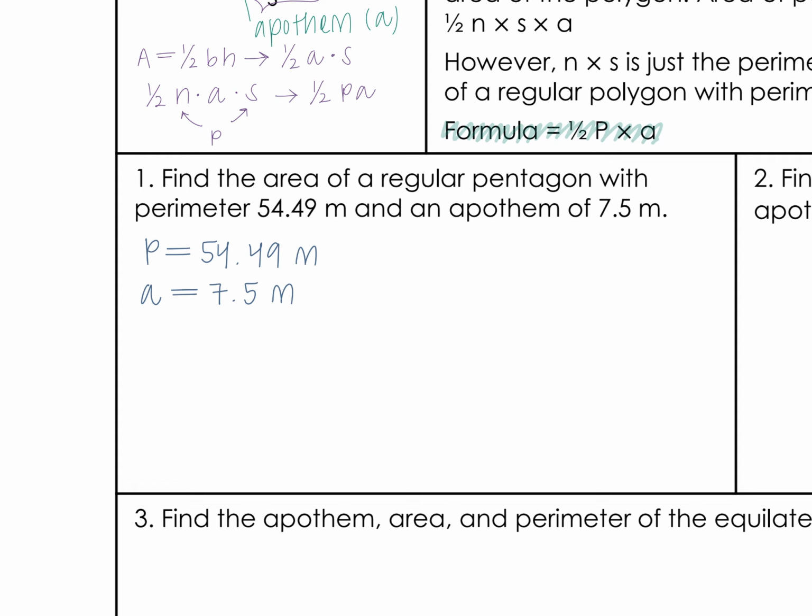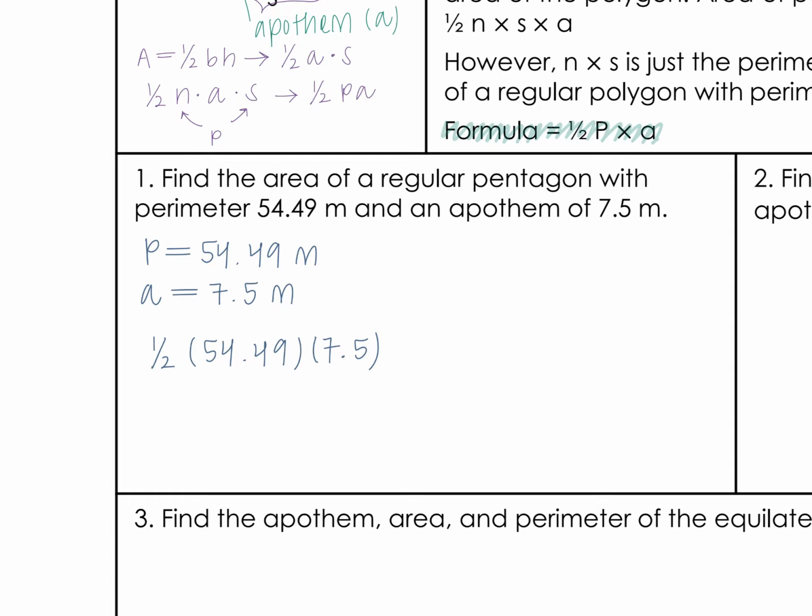So to find the area of this regular pentagon, we are going to take 1/2 of my perimeter, 54.49, times my apothem, we got that 7.5.